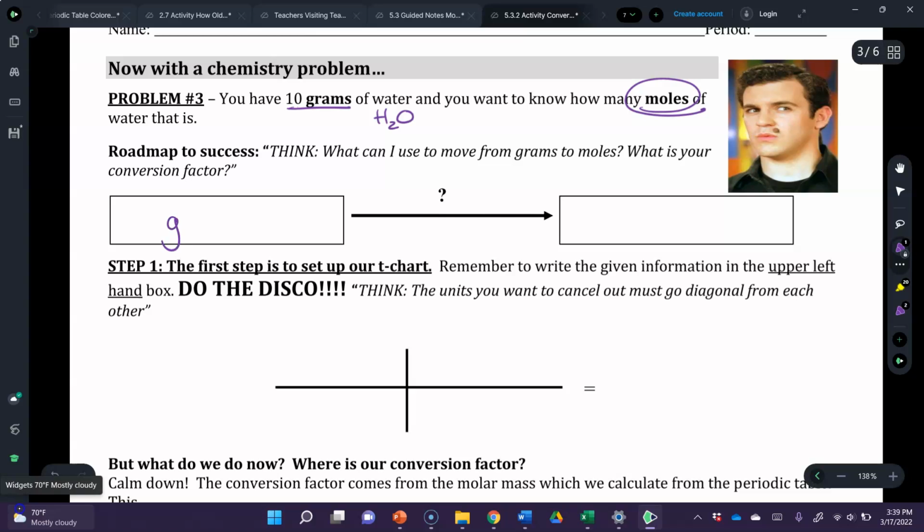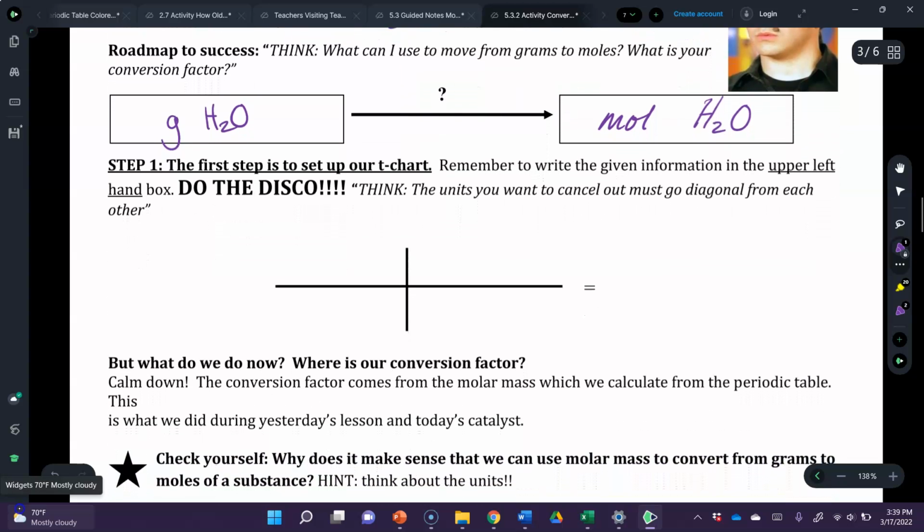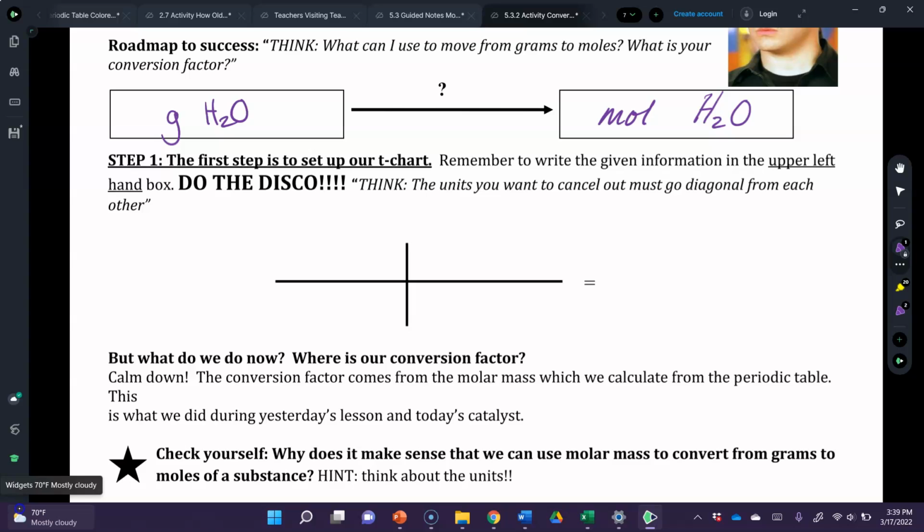So we're given grams of water, and we're going to find moles, or MOL, of water. Okay. So this is going to walk us through step by step how we fill in this T-chart. It's going to be very repetitive initially, but it'll work for later, okay, because you'll shorten all the steps and not redraw stuff. So in the first step, we set up our T-chart.